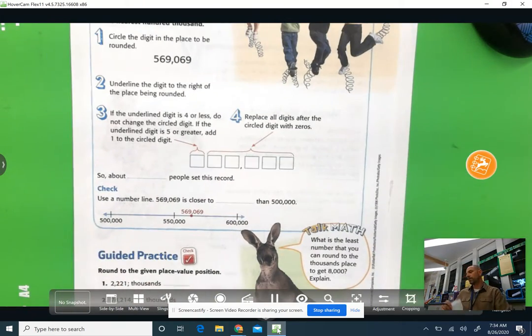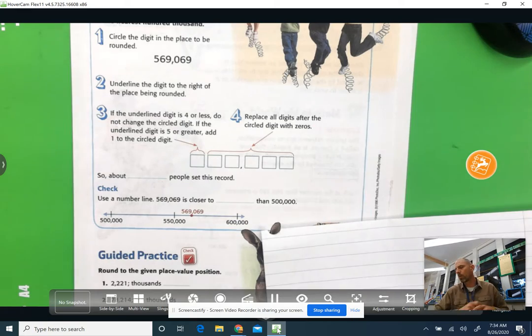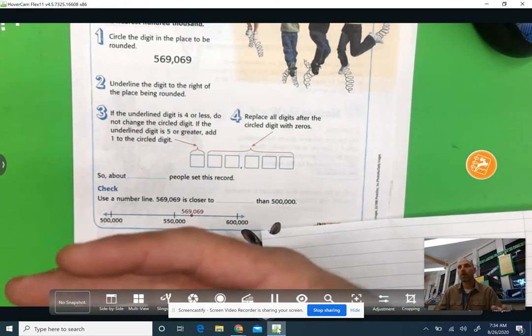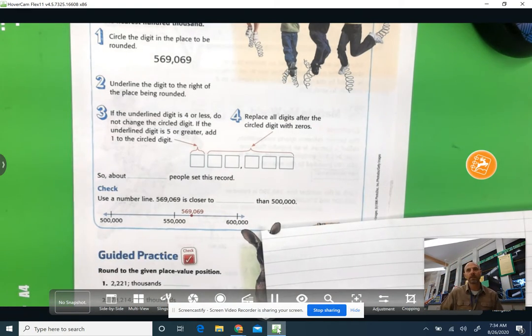is to remember catchphrases to round, or remember devices such as 5 or more, let it soar, 4 or less, let it rest.